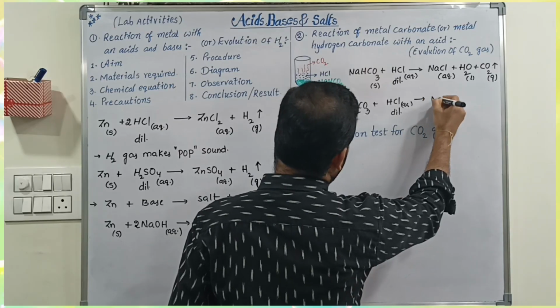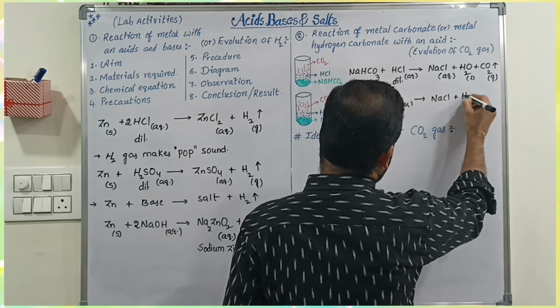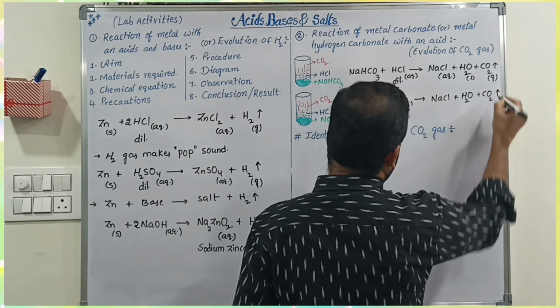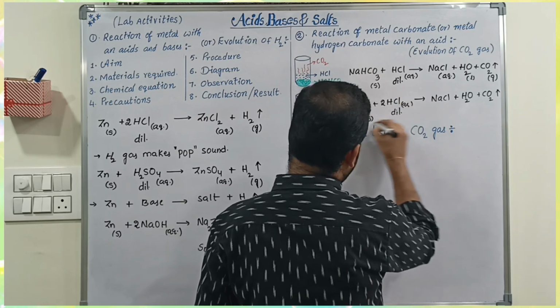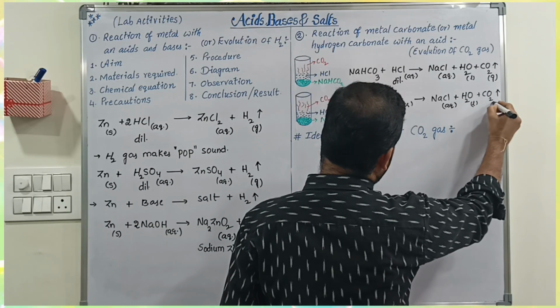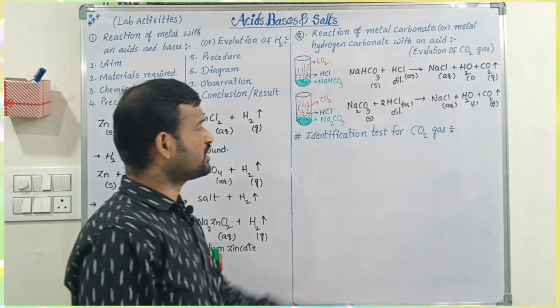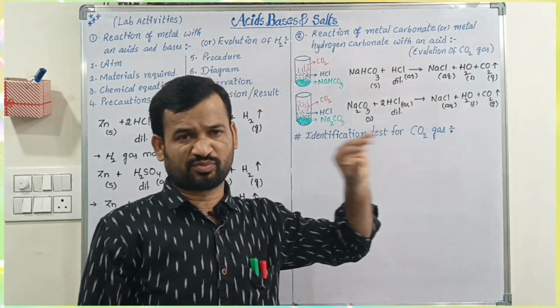So, then the same kind of products are formed: sodium chloride, water plus CO2. Here take 2 moles; solid, sodium chloride is aqueous, water is liquid, carbon dioxide is a gas. Understand? So in these two equations, the same kind of products are formed.